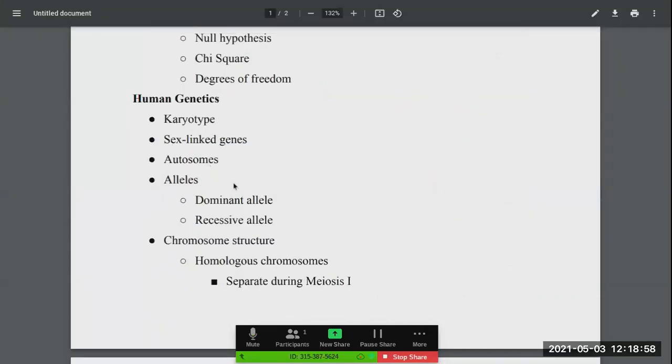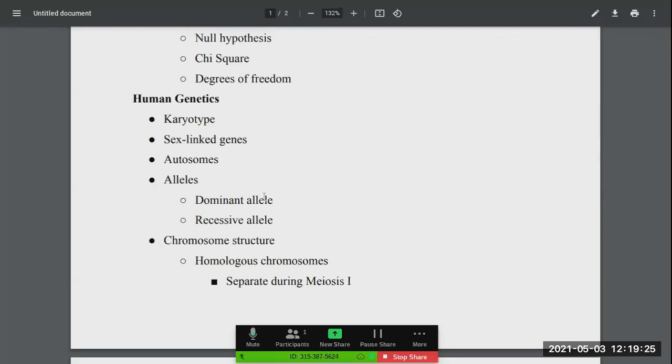Alleles. We have two kinds of alleles. Alleles are, by the way, varieties of a gene. For example, a gene for height. You might be tall, you might be short.